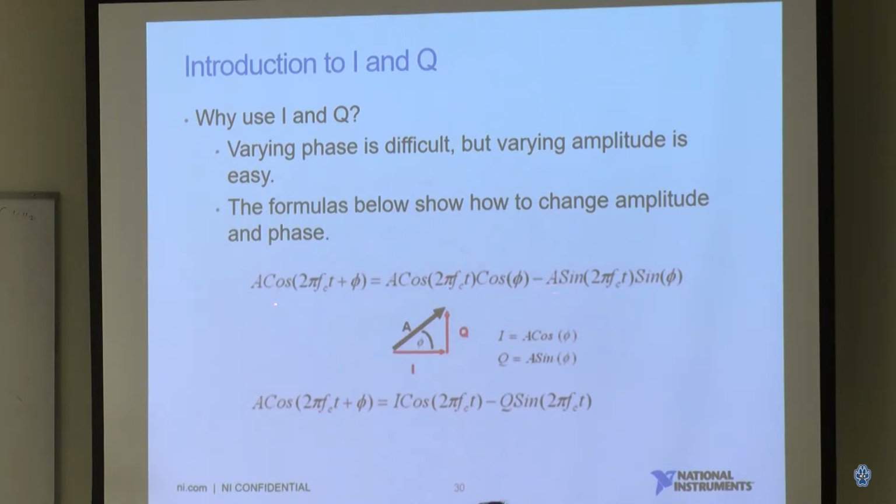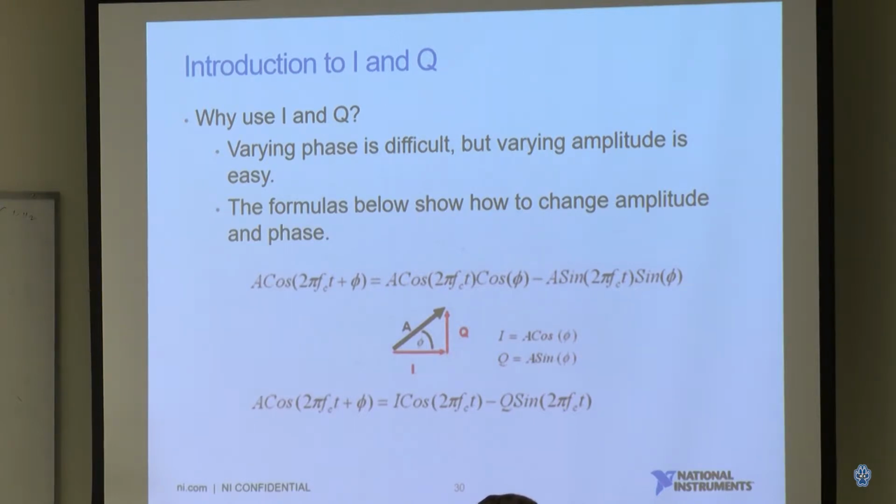This is a general RF signal formula in sinusoid format, and you can do the math to separate it into two sections. Then you use I to represent the cosine and Q to represent the sine. By this definition, you can generate a new signal format using I and Q.